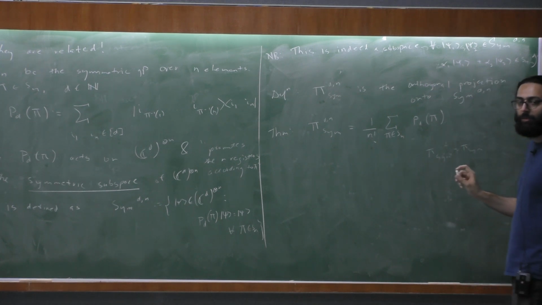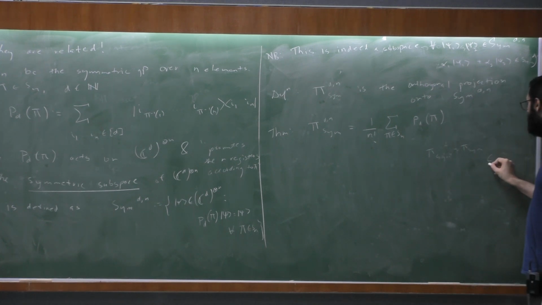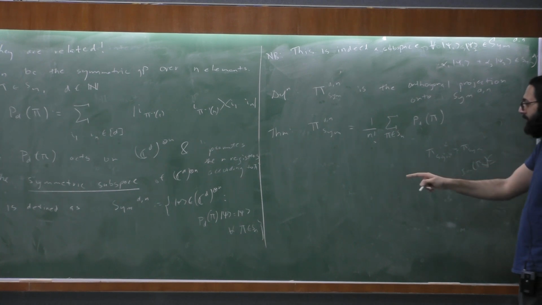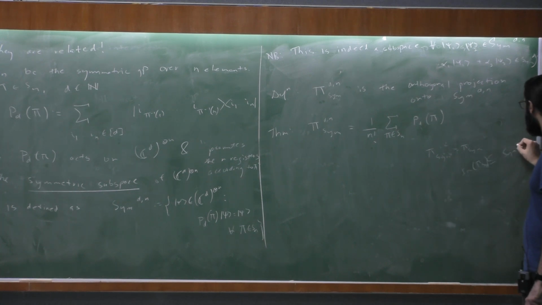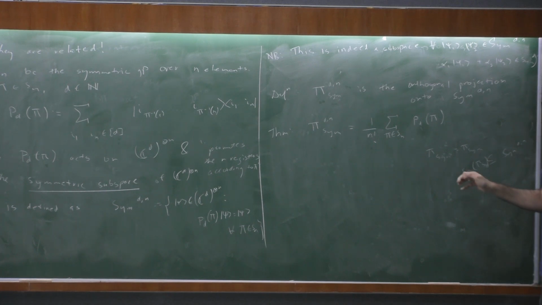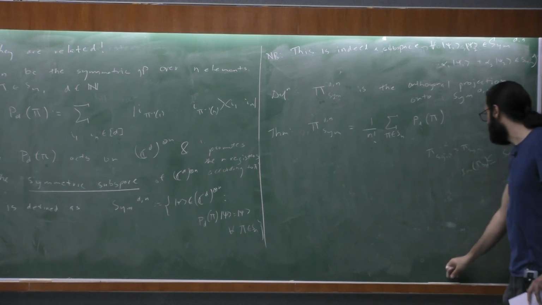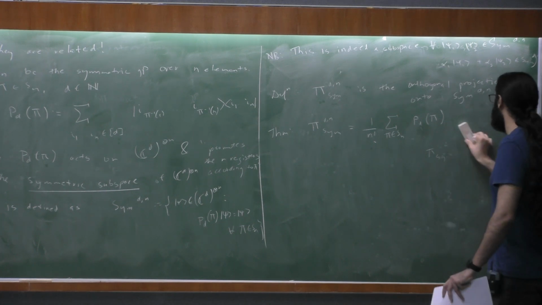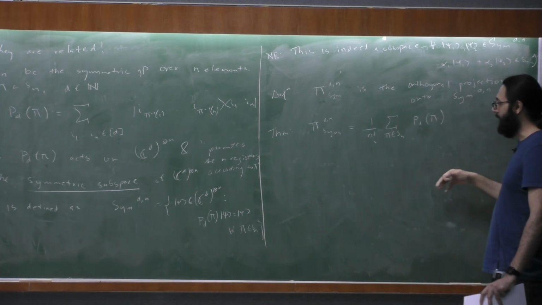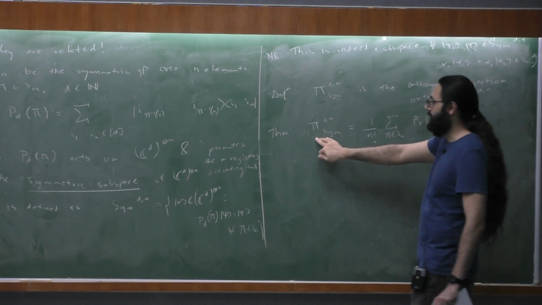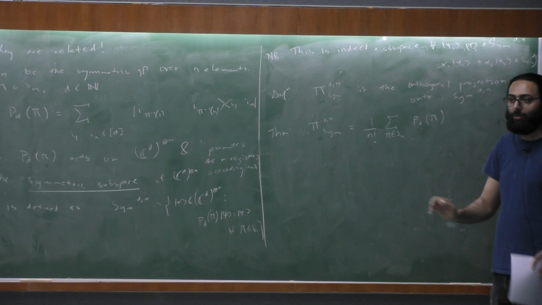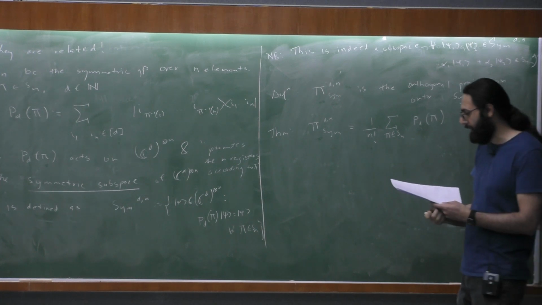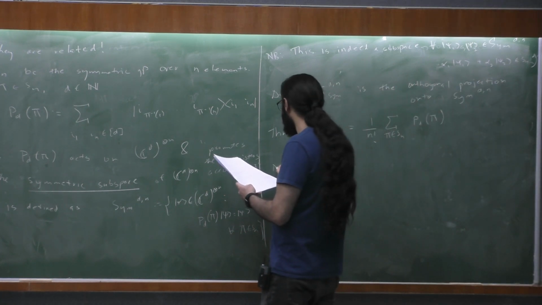You can clearly see that the image of Pi_sym is going to be inside the symmetric subspace Sym(d, n). There are relatively simple steps, and you can establish that it's going to work. Also, anything in the symmetric subspace will not be annihilated by Pi_sym. Those three steps combined give you the answer. We'll do it more carefully.